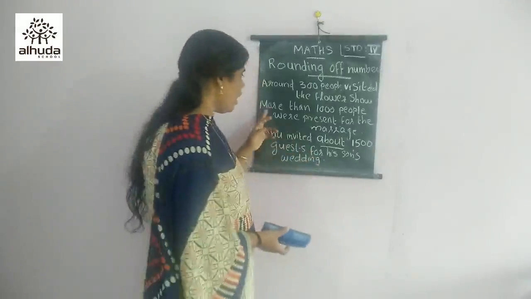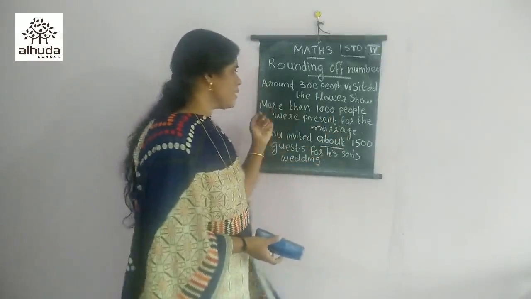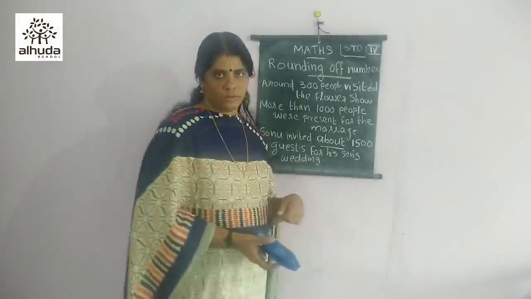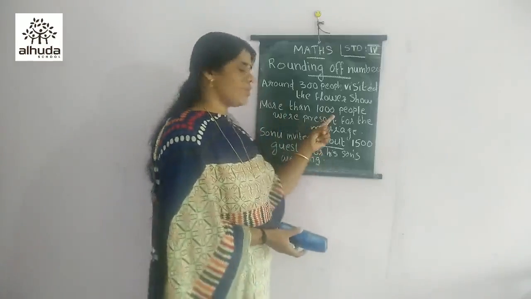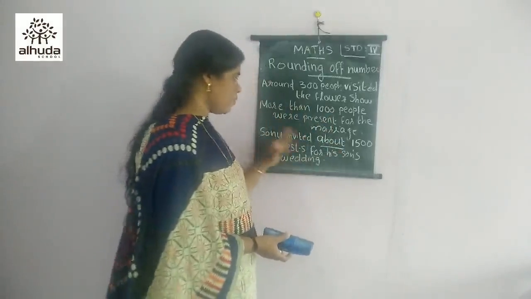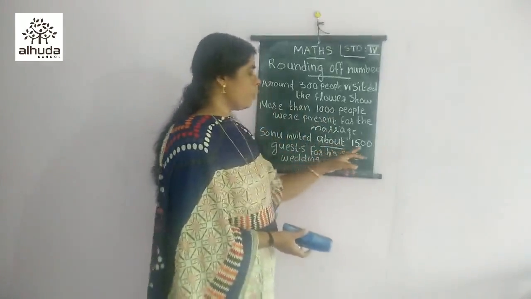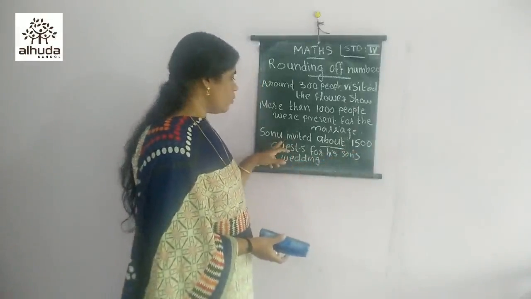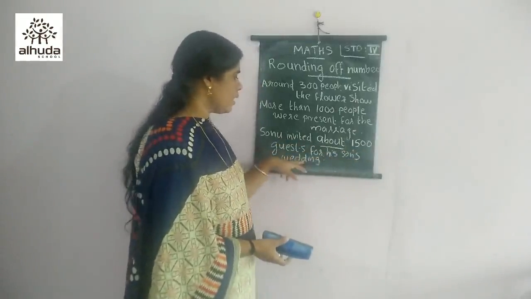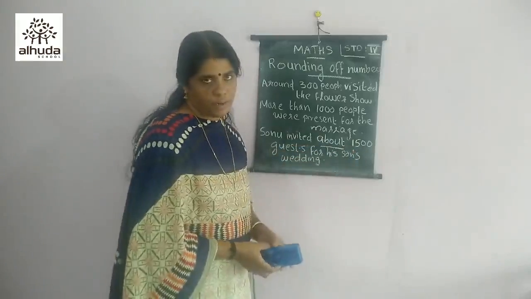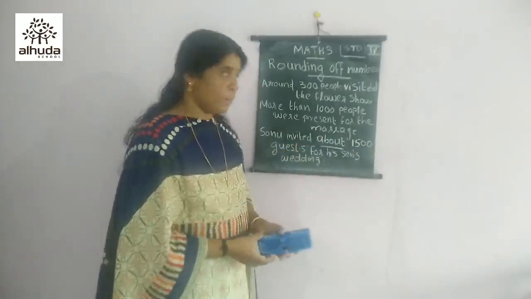And look at this next sentence. More than 1,000 people were present for the marriage. We don't know the exact number. The next example: Solo invited about 1,500 people for his son's wedding. He invited about 1,500, but we don't know the exact number.